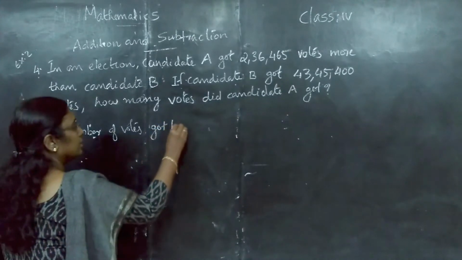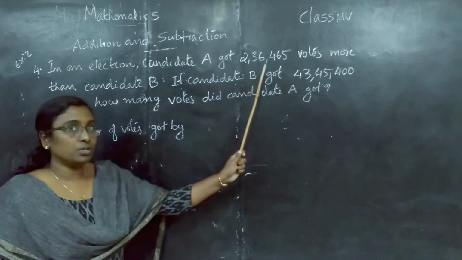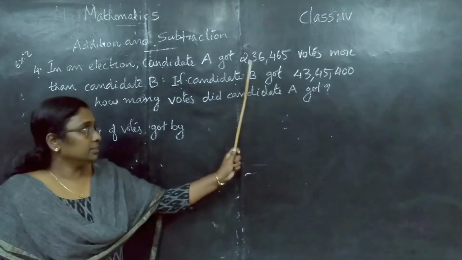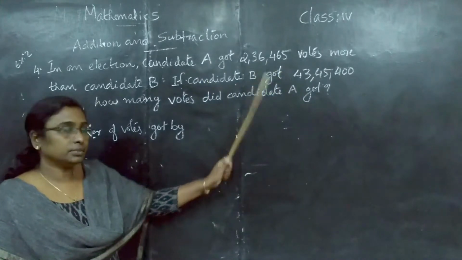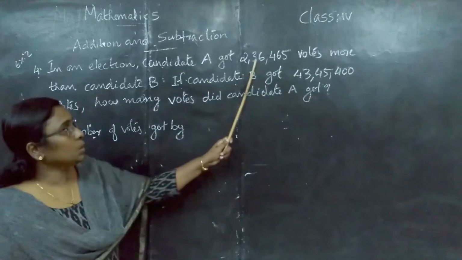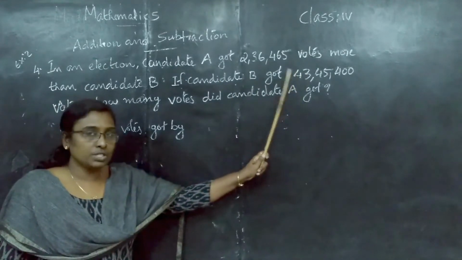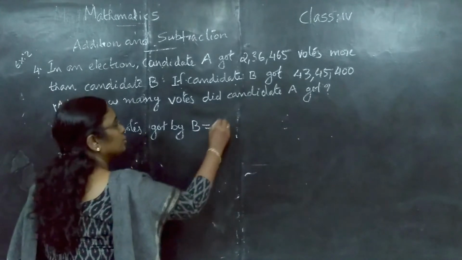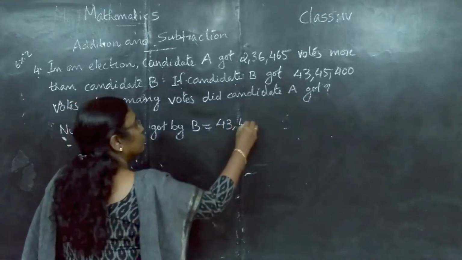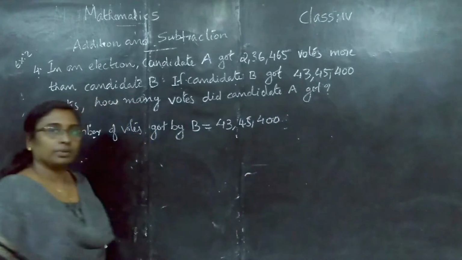This is not the number of votes got by A. This is the number of votes A got more than B. This is the number of votes got by B. Number of votes got by B equal to 43,45,400, isn't it?